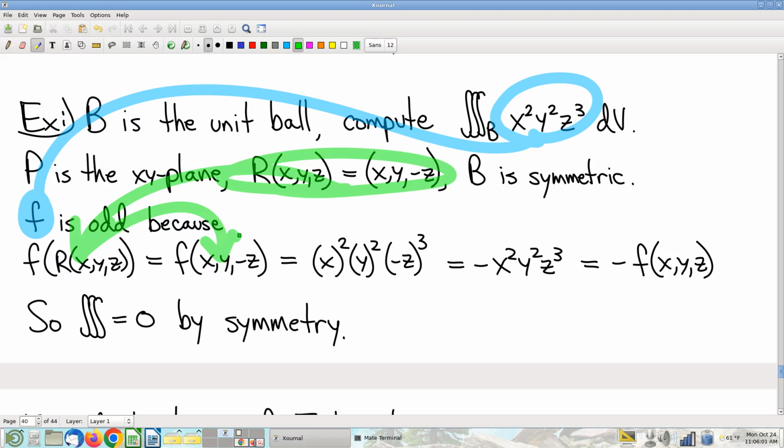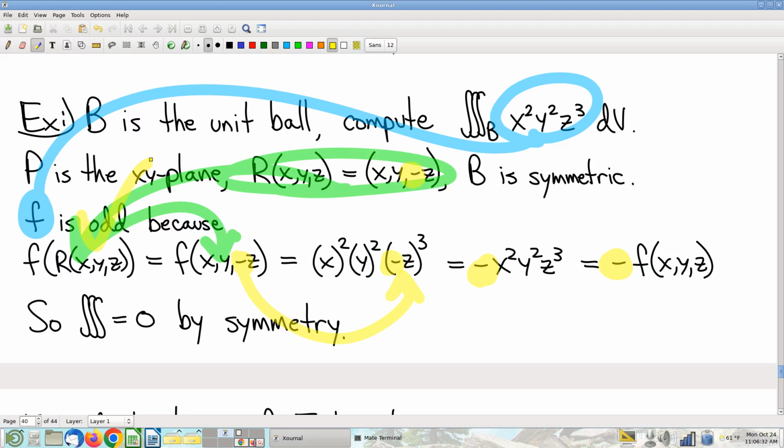The minus sign in that reflection, you can just track it through. It's right there. And I clearly get minus cubed, which is a minus, which is the minus needed for oddness. And so, sure enough, this function is indeed odd. Integral 0 by symmetry, no fuss, no muss, no trig, no square roots, no ugly integration by parts or anything. Just boom. Everybody happy? Okay.